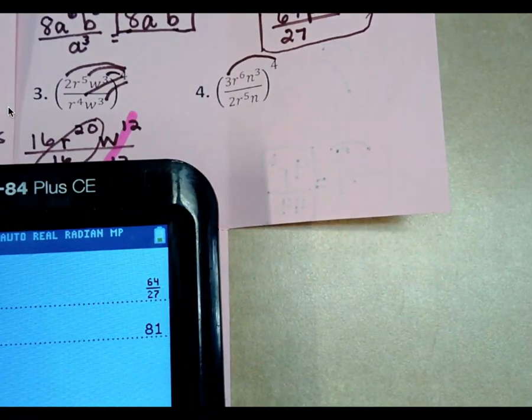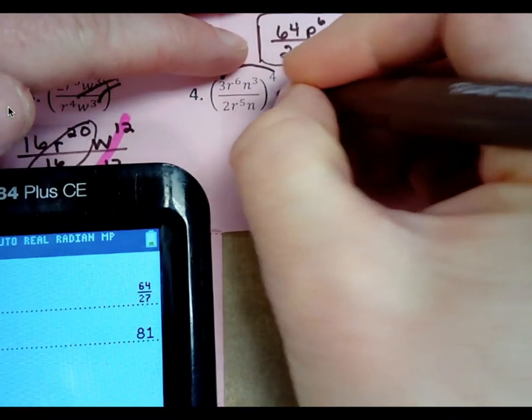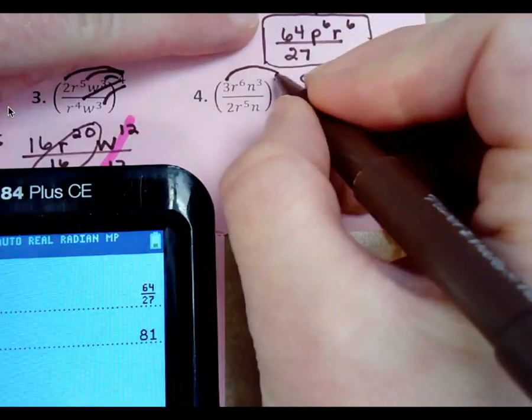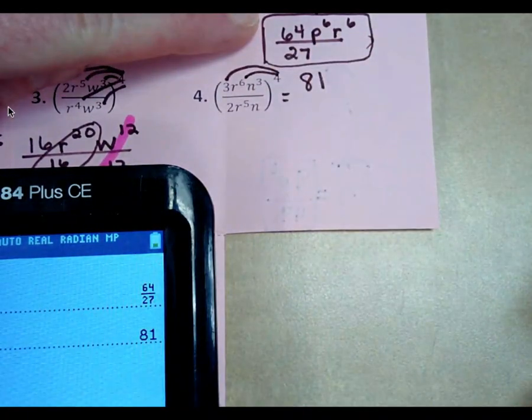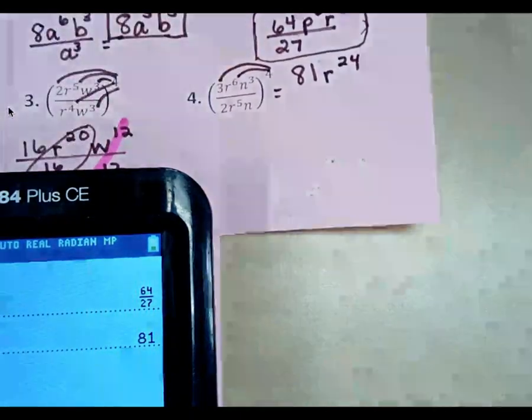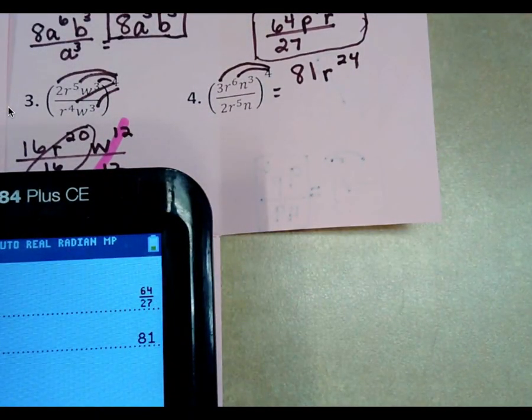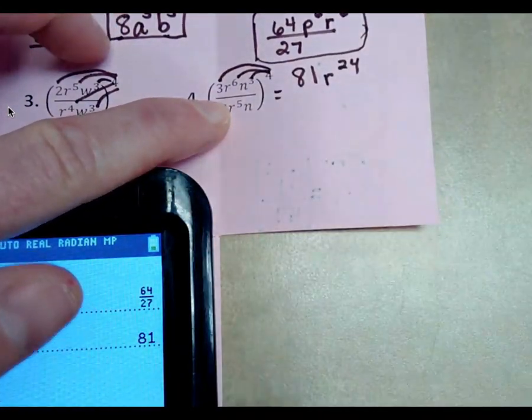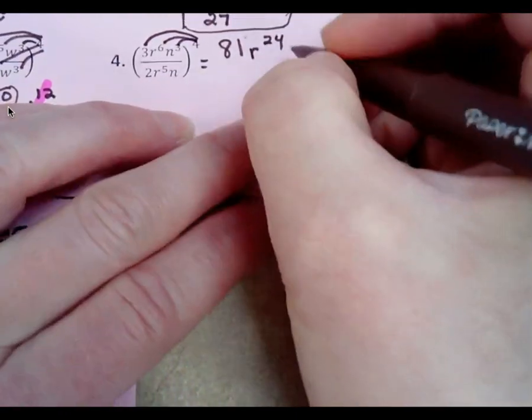So I'm going to go ahead and do it. 3 to the 4th is 81. Then send the 4 to the R^6. So 4 times 6 is 24. So R^24. And then to the N^3, making that N^12.